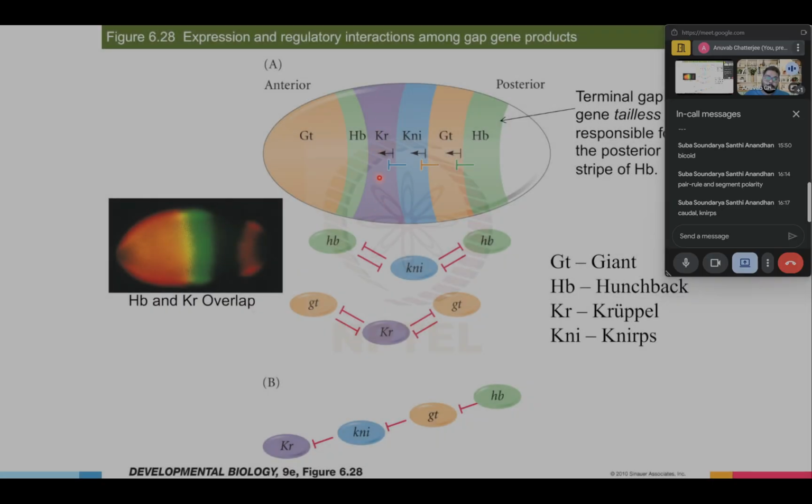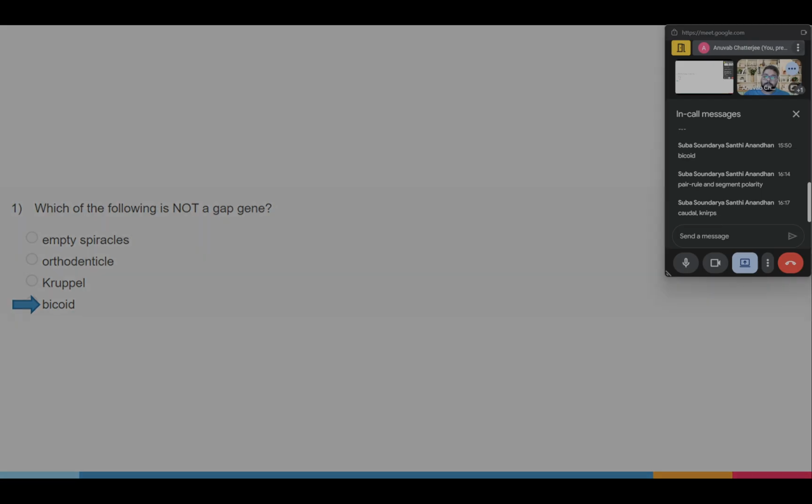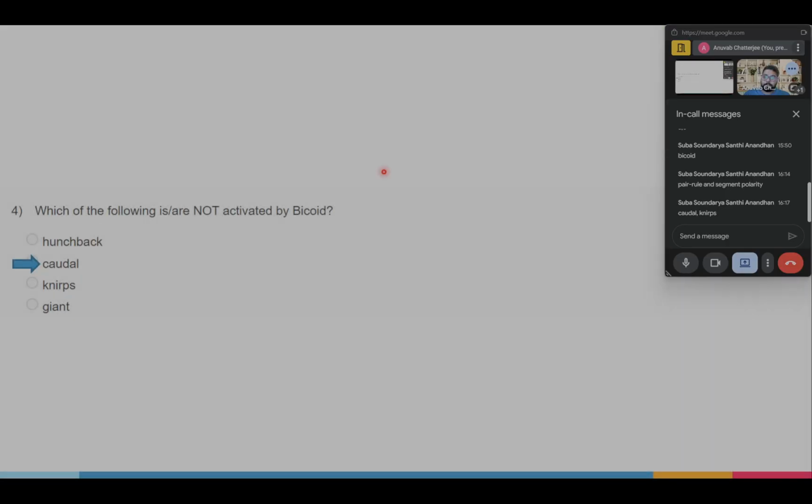Yes, it is also activated by bicoid, but at a low concentration of bicoid. But the posterior part is where caudal is present, which is inhibited by bicoid, and that is why the posterior regions stay posterior and do not come into the anterior. Okay, so which of them is not activated by bicoid, it is caudal, which it actively inhibits. So it is a transcriptional inhibitor of caudal.